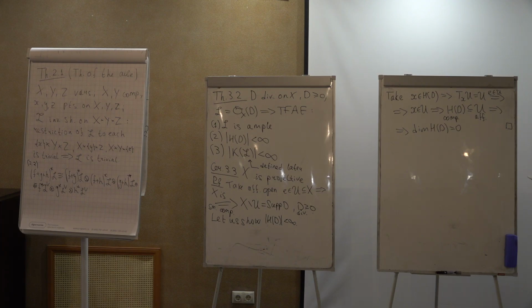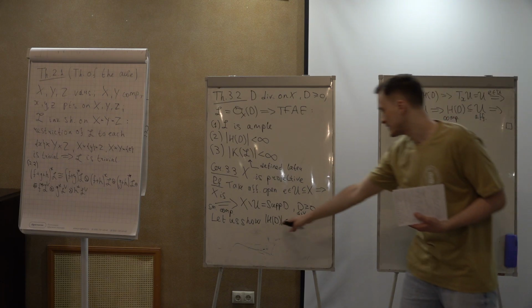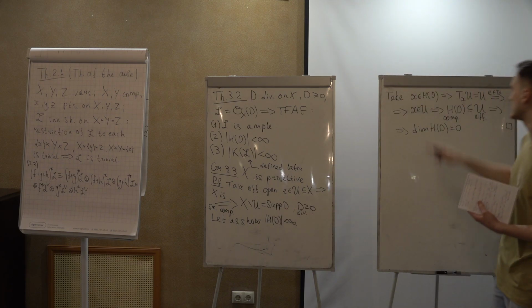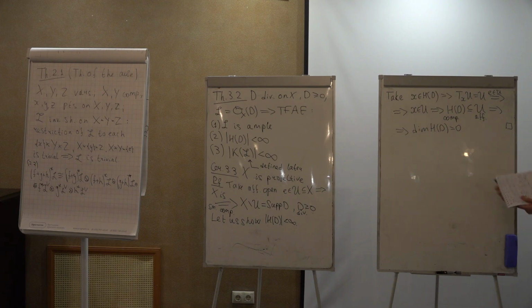Could you please repeat? So what's going on here? I want to show that this thing is finite. I take a point in this H of D, which is the stabilizer of D. U is the complement of D, so x also stabilizes U. But since we have an identity in U, there's some e, and I apply x to e, I get x plus e, which is x.